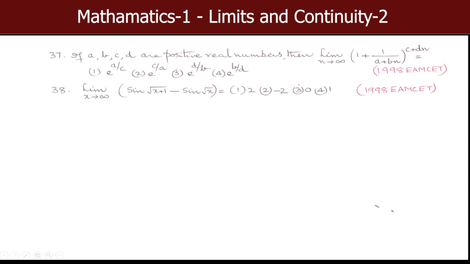37. If a, b, c, d are positive real numbers, then limit n tends to infinity of 1 plus 1 by a plus bn, whole power c plus dn. What is this limit?